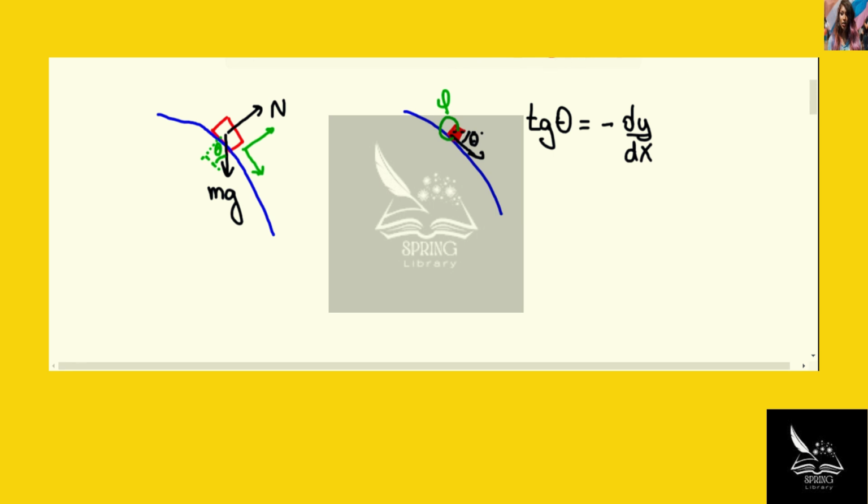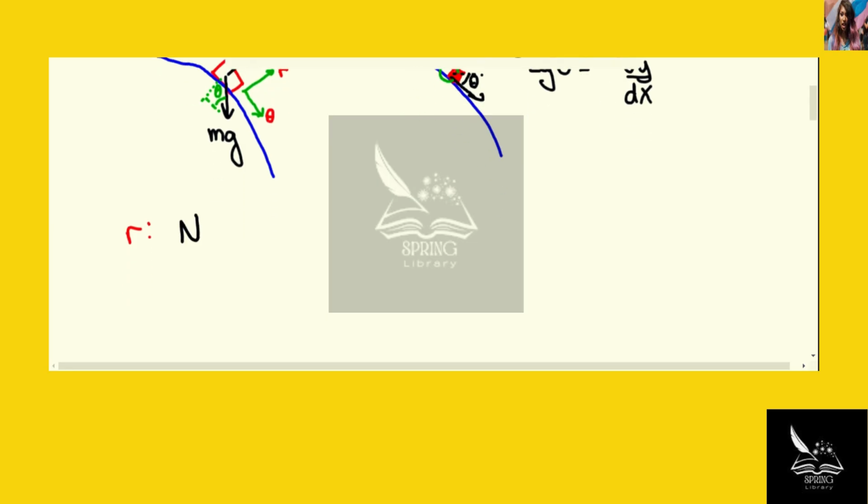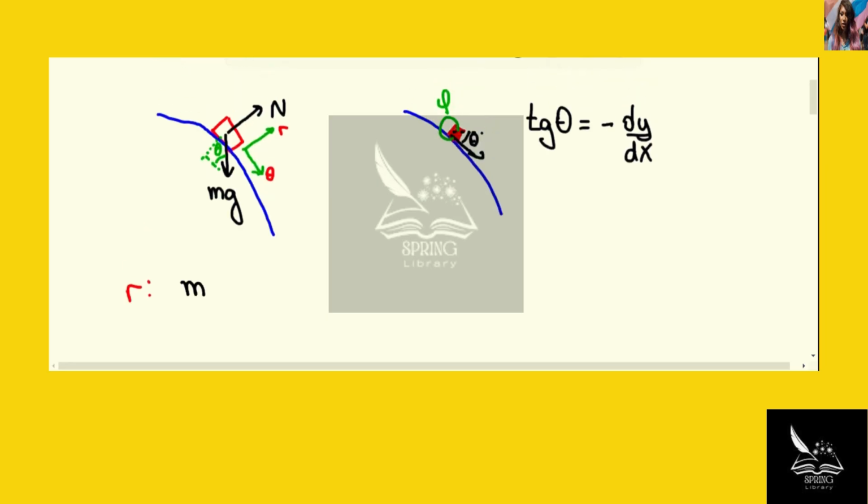And if we want to decompose into the r and theta components, for the r component, we have the normal force. Actually, let me write it the other way around. We have mg times the cosine of theta. And actually, I'm sorry, there's something wrong here in the picture. The angle theta shouldn't be this angle, it should be the opposite angle.